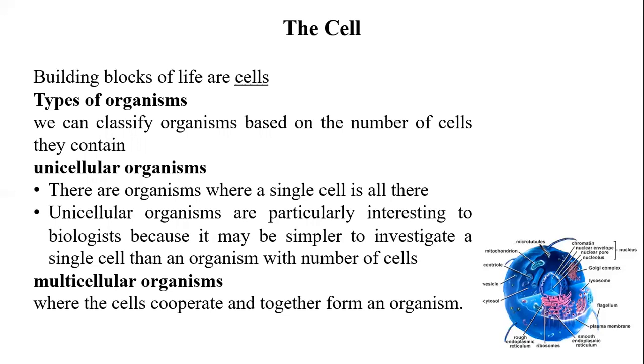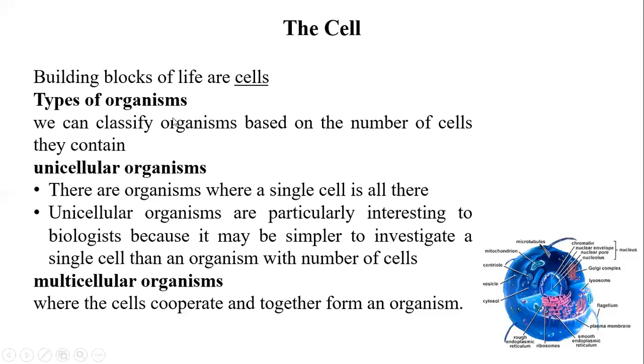A group of cells makes up the tissues, then a group of tissues makes up the organs, and a complete group of tissues and organs makes a complete human body or any living organism.